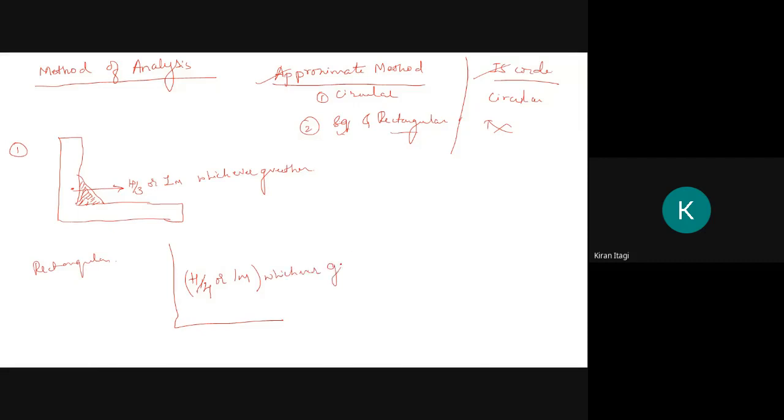We will see why we should take this for circular and for rectangular, and what their importance is. Suppose your tank height is 5 meters and the maximum hoop is acting at 1 meter, so we will design for this much height with one design, and for the remaining 4 meters there will be another design.